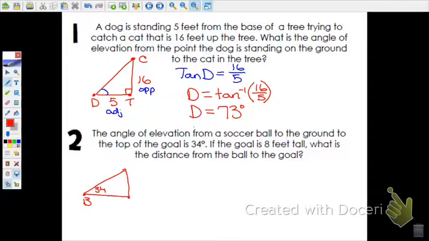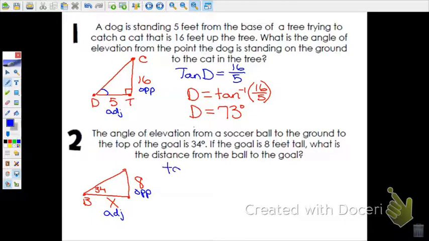We know the goal is 8 feet tall, and we want to find the distance from the ball to the goal. So looking at that information, I again am going to use tangent. X is adjacent, 8 is opposite.